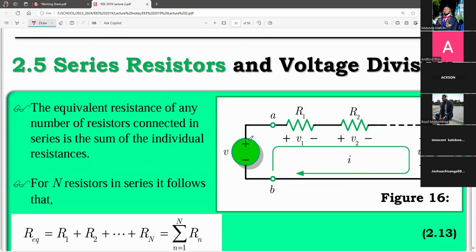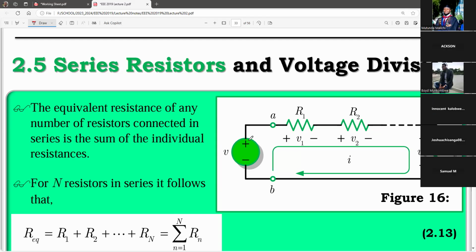Is it a go ahead for me to start talking about series resistors and voltage division? Okay. So what we're trying to say is there will be a situation where you have so many resistors, let's say 100. You know the resistance of each resistor, but they are connected in series.